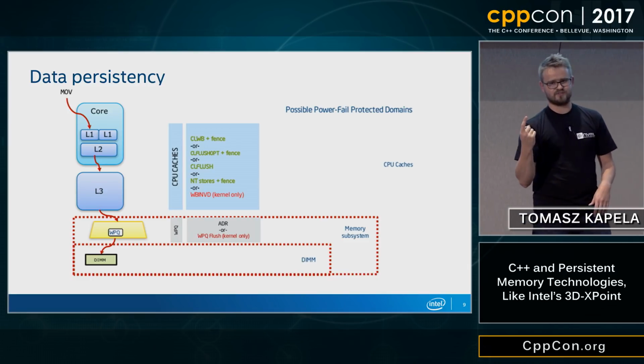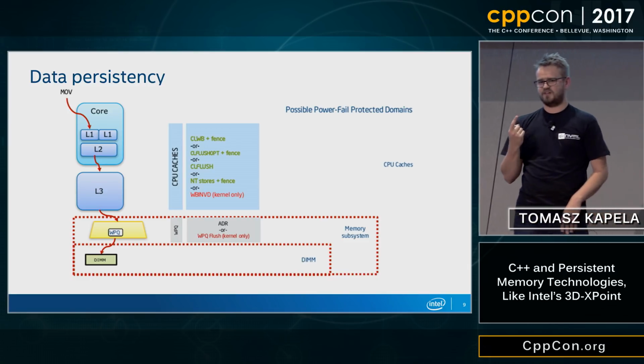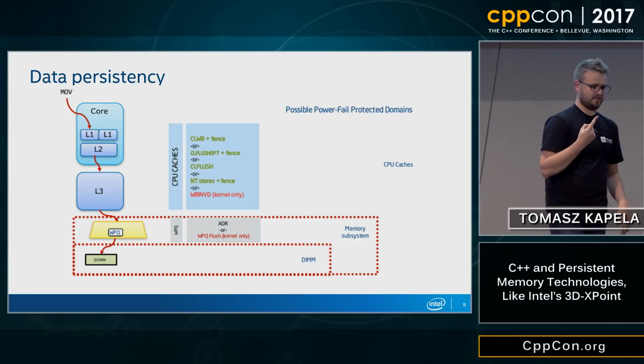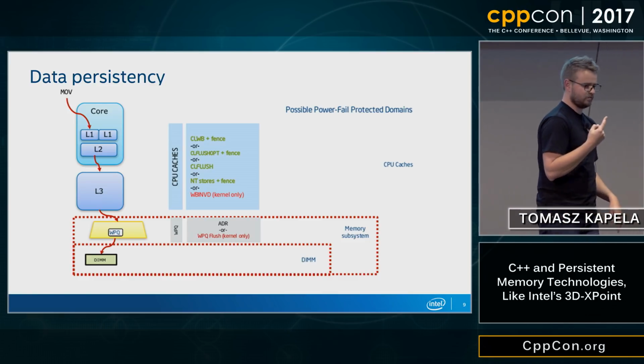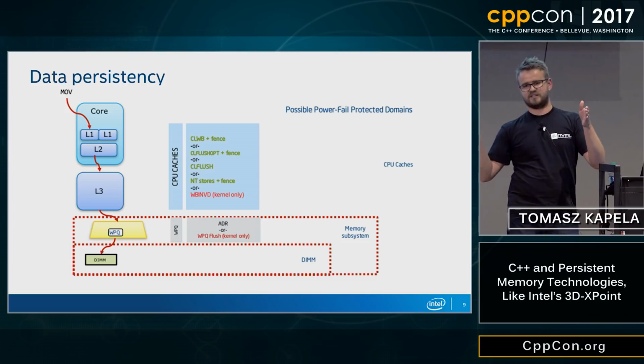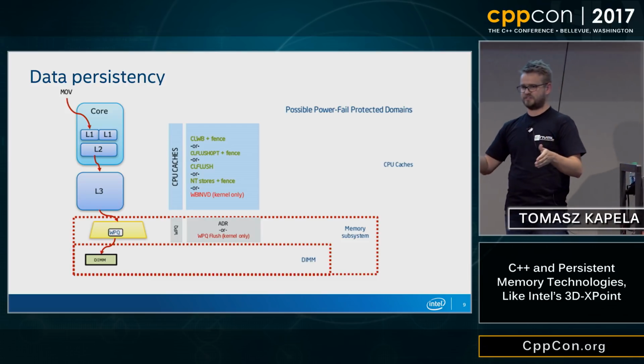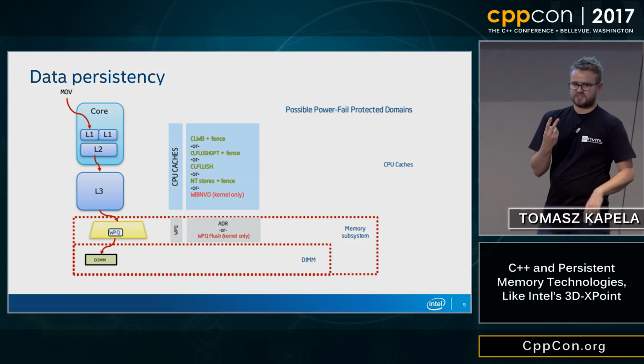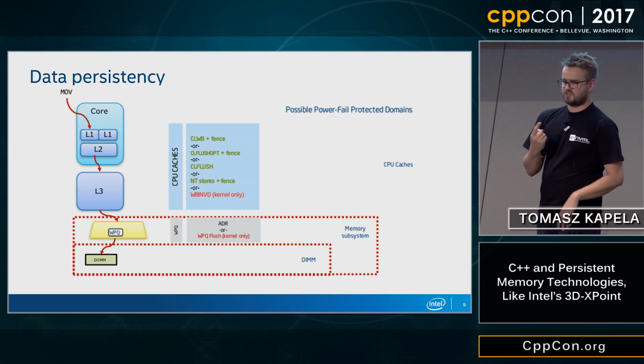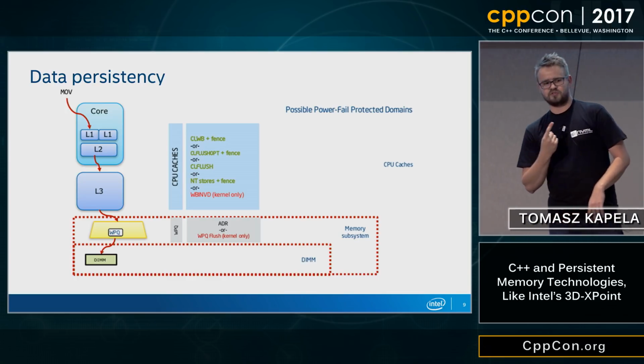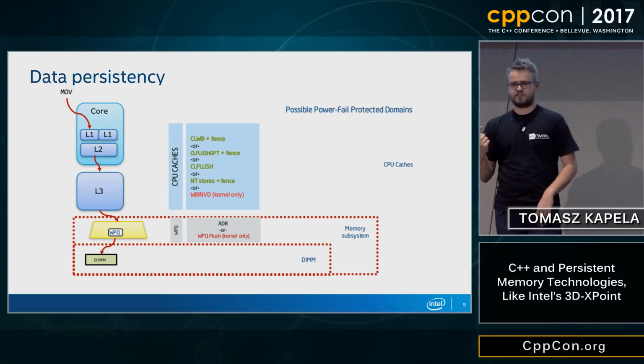The old school way is CLFLUSH, which is a strongly memory-ordered instruction which flushes one cache line and sends it to the memory controller buffers. There are two new instructions. One of them is called CLFLUSHOPT, and it is not strongly memory ordered, so you need a fencing instruction after it.